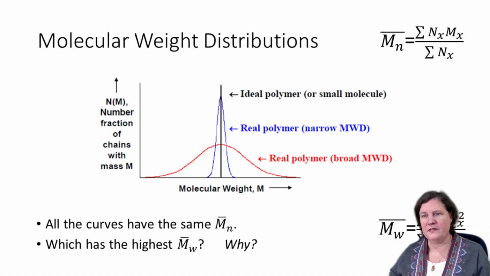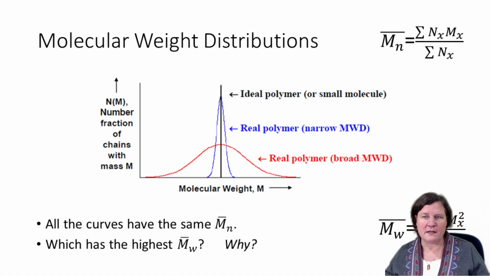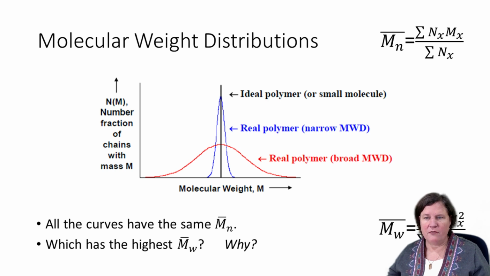Now we want to focus on the molecular weight distribution. If we have an ideal polymer where every single chain is the same length and has the same mass, the molecular weight distribution would be a single spike, like it is for small molecules.